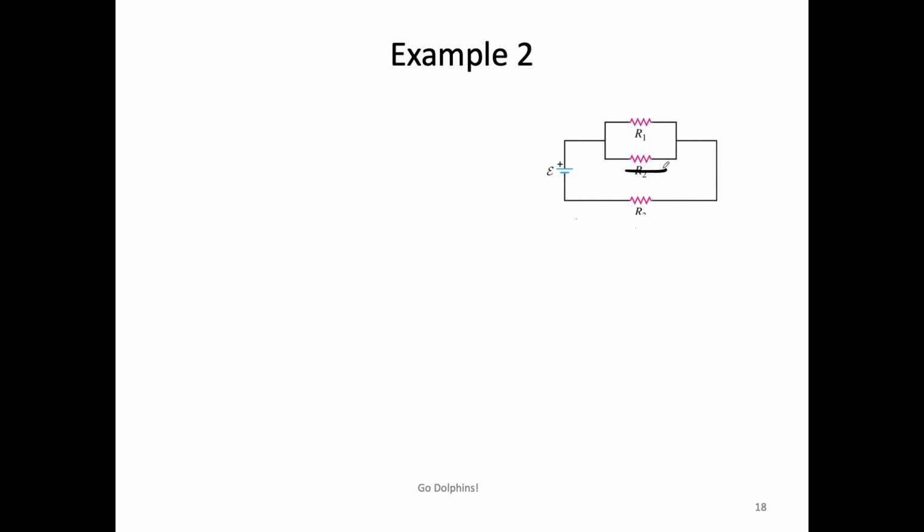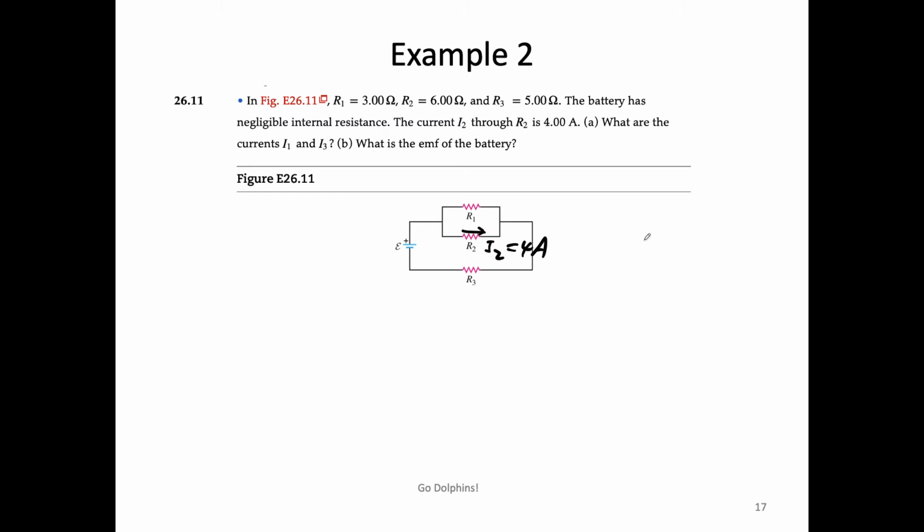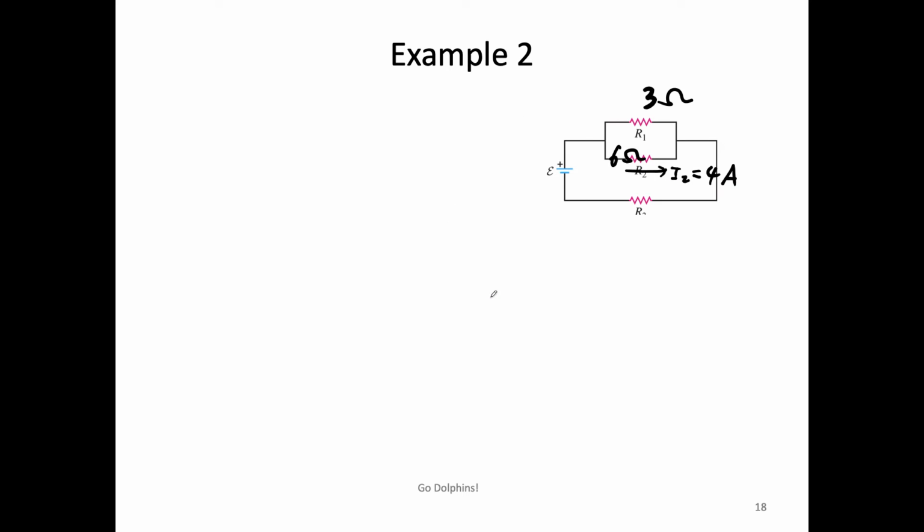So here I know I2 is 4, R2 is 6 ohms, R1 is 3 ohms, R3 is 5 ohms. Okay, so let's look at R1 and R2, how they are connected.